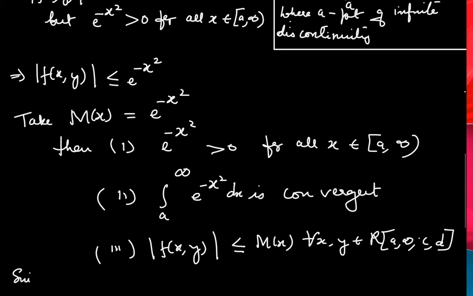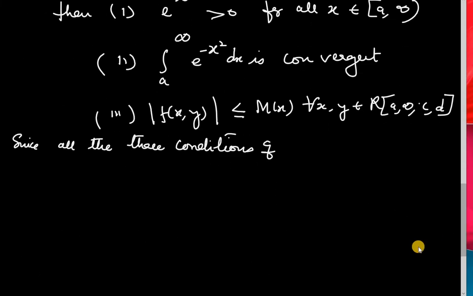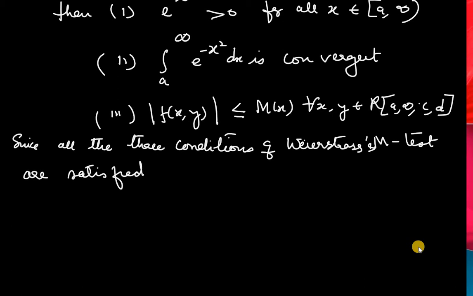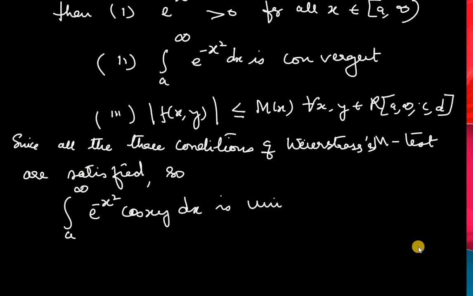So you can write here: since all the three conditions of the Weierstrass M-test are satisfied, we conclude that the integral from a to infinity of e to the power minus x squared cos(xy) dx is uniformly convergent.